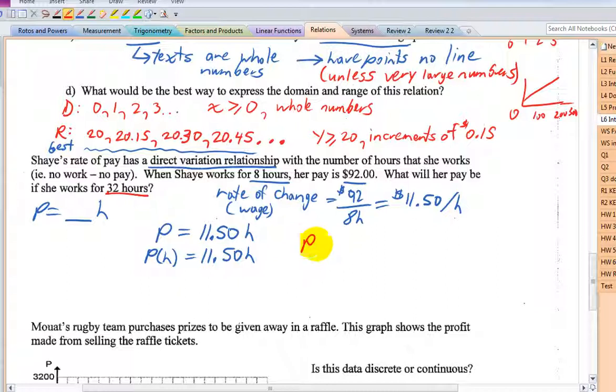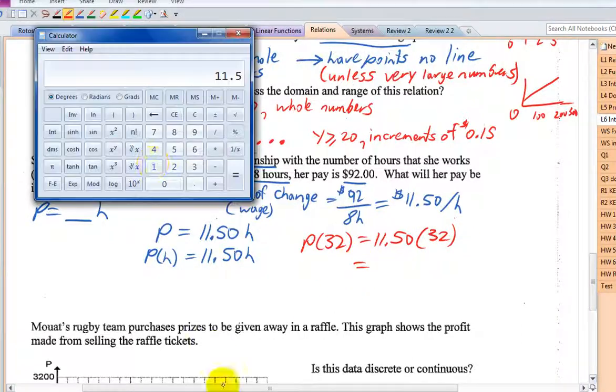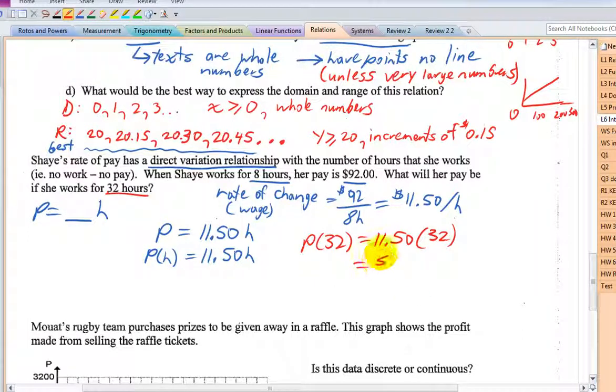So P at 32 equals $11.50 times 32. $368. Okay, that's how much you get paid for 32 hours in a week. Any questions with that?